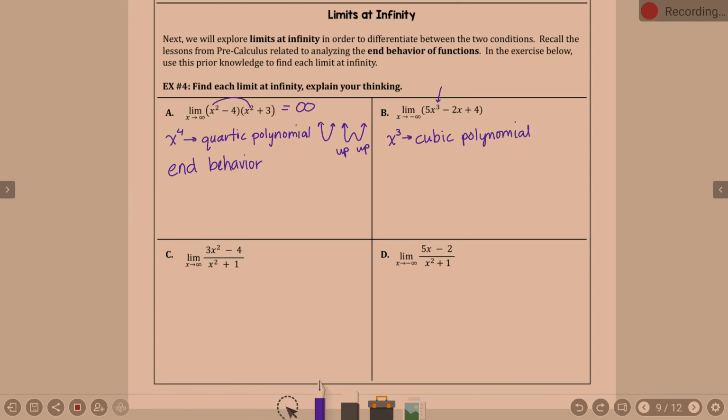As it goes to negative, it's going to be down and then up. So as it goes to negative infinity, it's going to be negative infinity. Since this is a cubic, I think it's going to be down and up, right? Again, if I resort to that Algebra 2 terminology, it's going to be down and up. And then, since it's asking about as x approaches negative infinity, our answer is going to be also negative infinity.